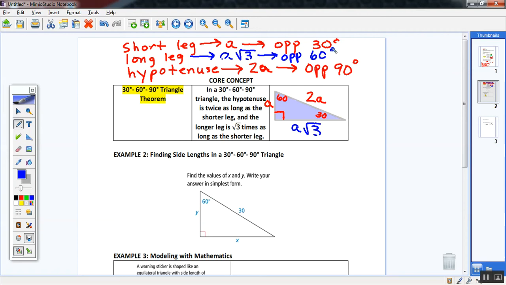What's 5 squared? Right? Can you think of a perfect square that divides evenly into 75?